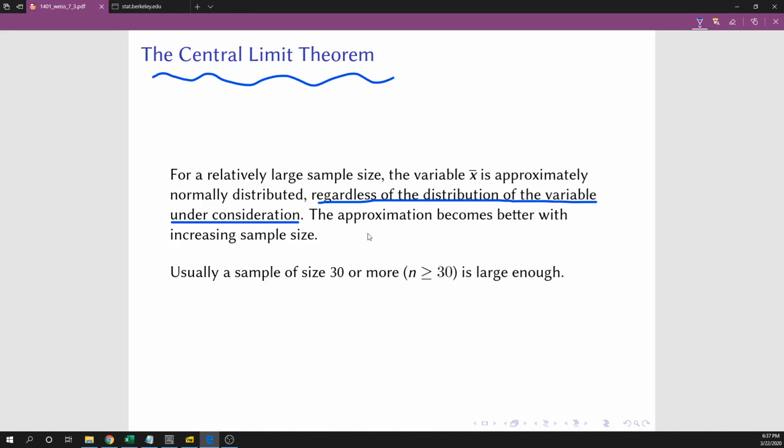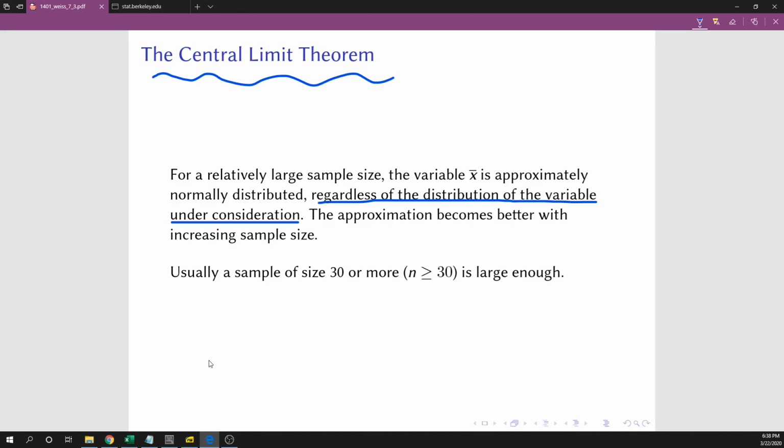This one, the central limit theorem, says that as long as you keep the sample size large, then the distribution of x bar will be approximately normally distributed. And the approximation is better and better with increased sample size. So for our purposes, we are going to go with a sample size of 30 or more.